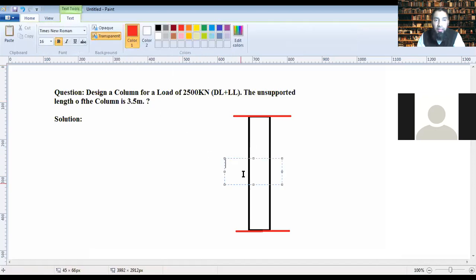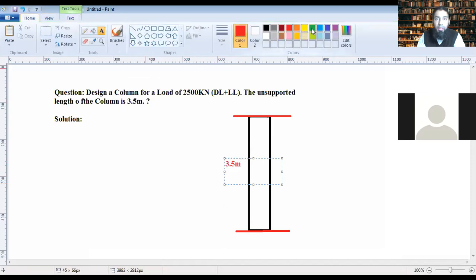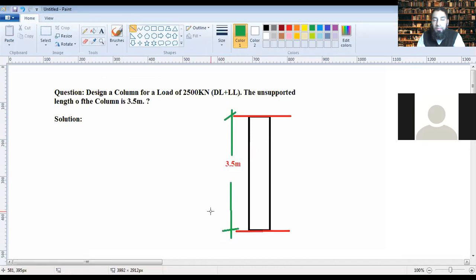This is the length 3.5 meter, right from this point up till this point. It does not include the support.